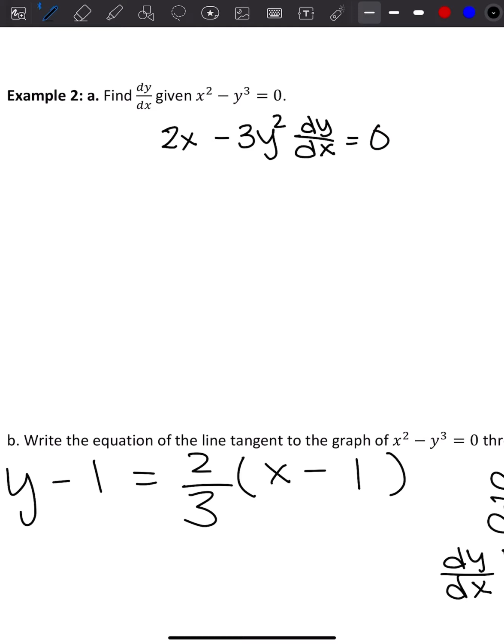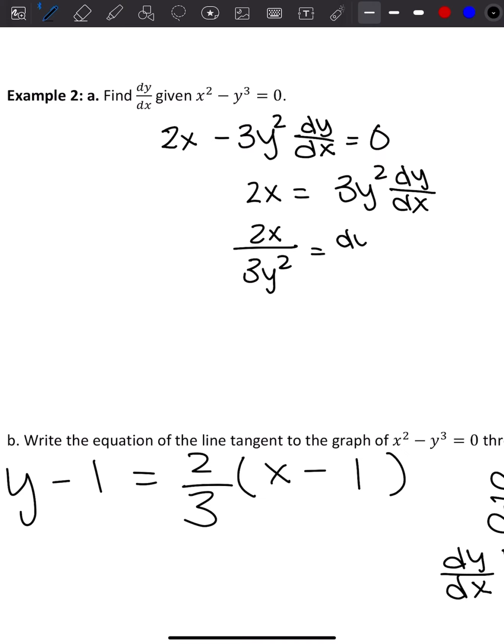So what we're going to do is move over things we want to separate, so dy over dx needs to be on one side, everything else on the other. This dy over dx is negative, so I'm going to move it over to the other side so it becomes positive. So we have 2x equals 3y squared dy over dx, and we're going to divide both sides by 3y squared. So 2x divided by 3y squared equals dy over dx.